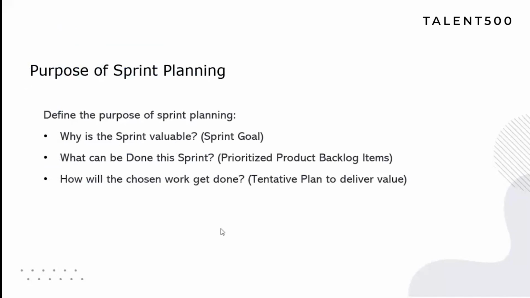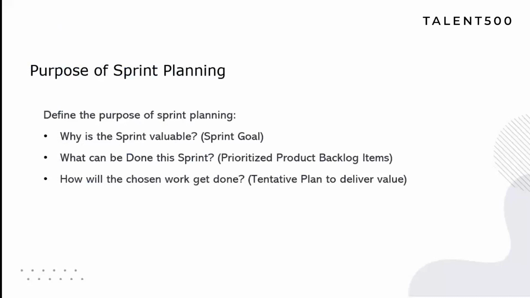The purpose of sprint planning is to identify why the sprint is valuable, what can be done in this sprint, and how the chosen work can be done. So now let's talk about all of these things in detail. In sprint planning, as I mentioned, this is the agenda: to discuss why, what, and how.